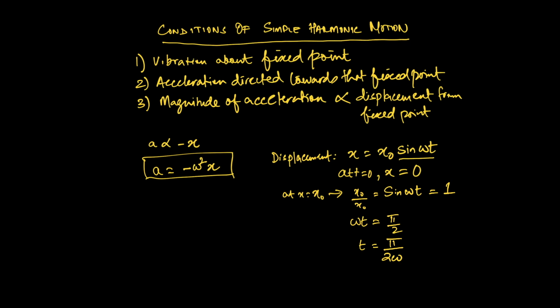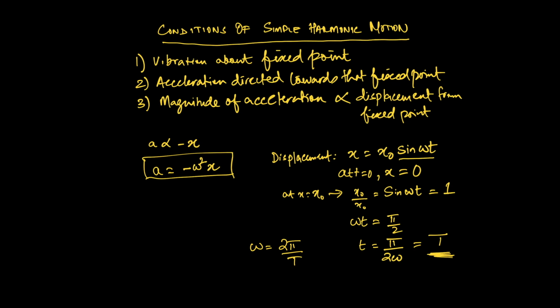Does this ring a bell? What could this be? This is the time period. Because if you remember, we said that the angular frequency is equal to 2 pi upon T. So if you do a little bit of algebra, you will be able to see that once you have reached the time period T, you have hit maximum displacement.